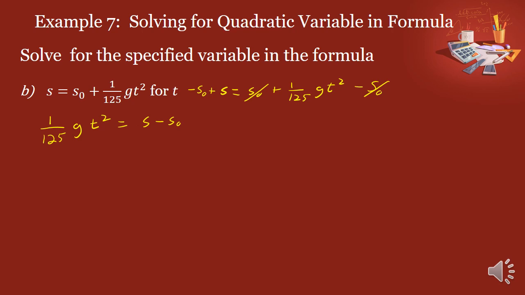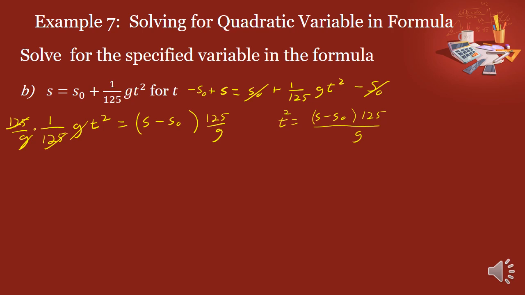Well, we can do the exact same thing we did before. We can multiply this side by 125 over g, and then this side by 125 over g. We can then simplify. 125 cancels here, these g's cancel, and we have that t squared is equal to s minus s0 times 125 divided by g.